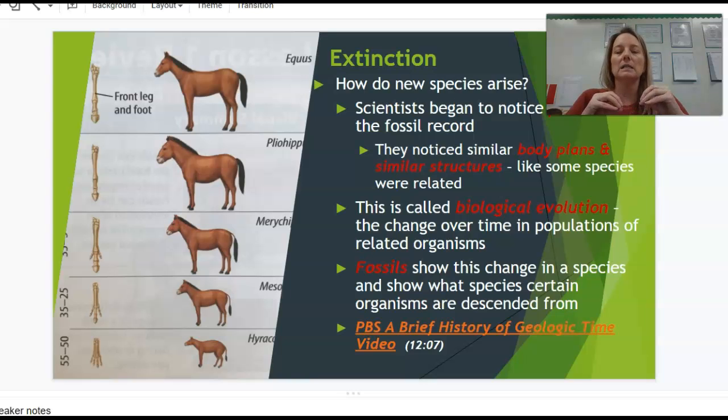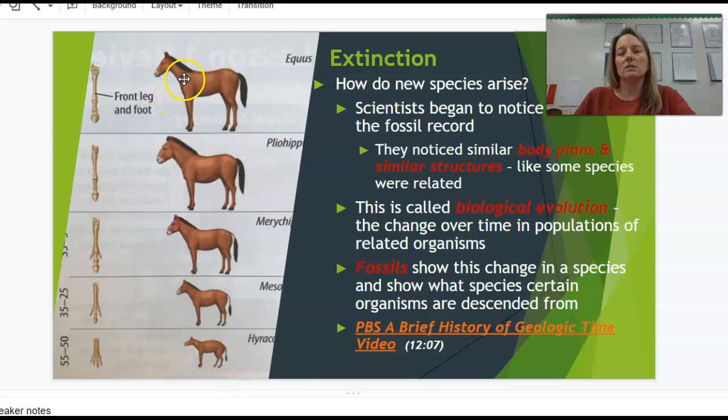Fossils show this change in a species, and show what species certain organisms are descended from. If you look at this diagram right here, by looking at the similarities, they concluded that horses originated or branched off from this animal.